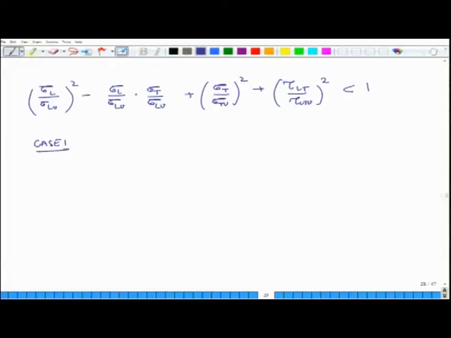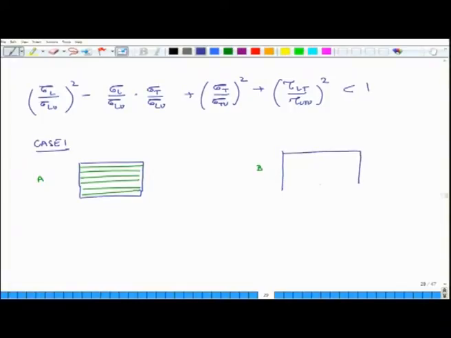In the first case, we have two situations: situation A and situation B. In the first situation the fibers are oriented like this, and in the second situation also the fibers are oriented in the same way.